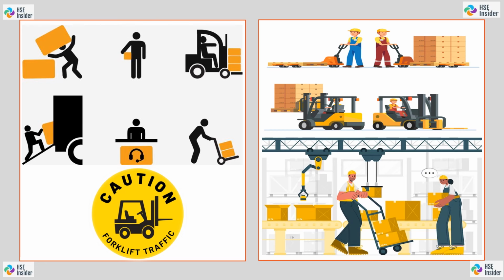Make sure emergency contacts are posted in prominent locations and people are aware whom to contact in case of emergency. And evacuation routes: the evacuation routes should be clearly marked, and all employees should know how to evacuate in case of emergency. Training related to emergency procedures should be given to all the employees involved in material handling activity.